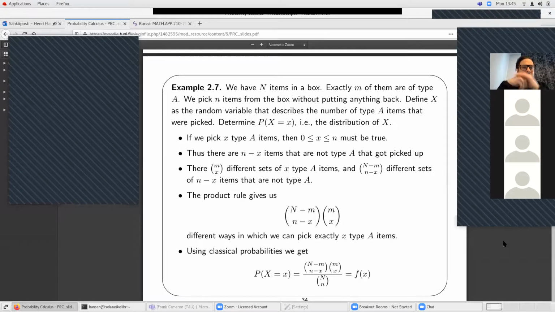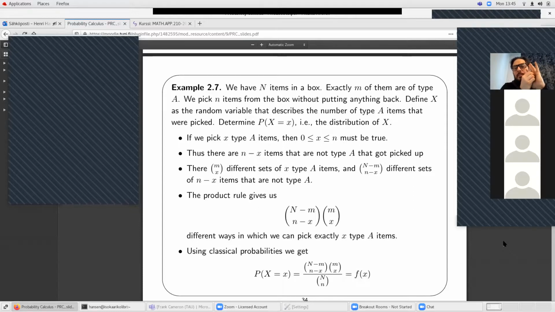We pick n items from the box without putting anything back. We define the random variable X as the number of oranges we got when we picked. And we should determine the pointwise distribution of this random variable.